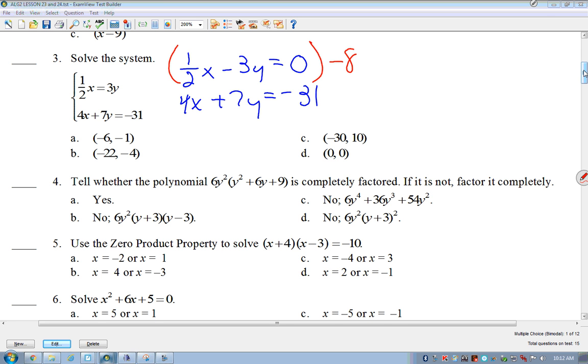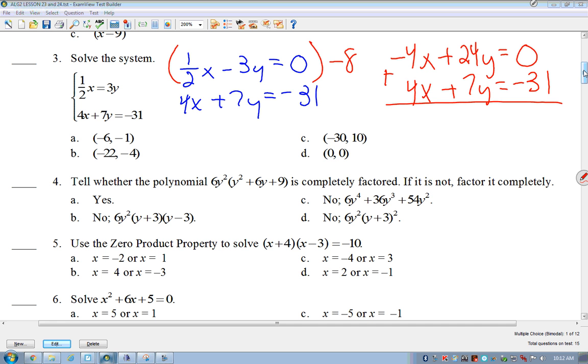So when I do that, I rewrite it. Negative 8 times 1/2 is what? Negative 4x, correct? What's negative 8 times negative 3? Positive 24y. And negative 8 times 0 is still 0, correct? Now I have 4x plus 7y equals negative 31.